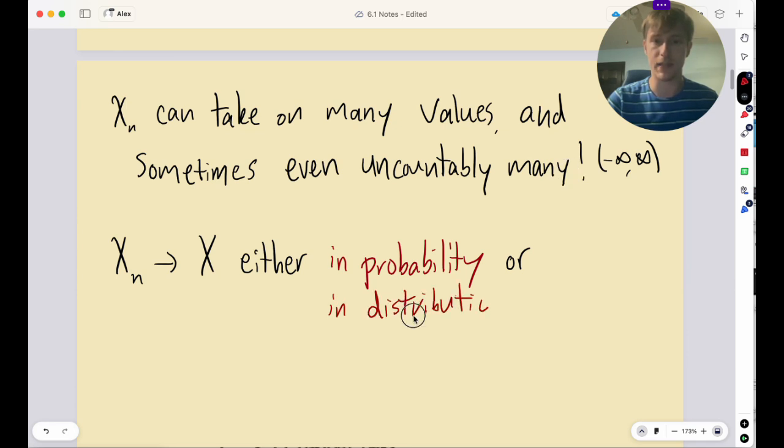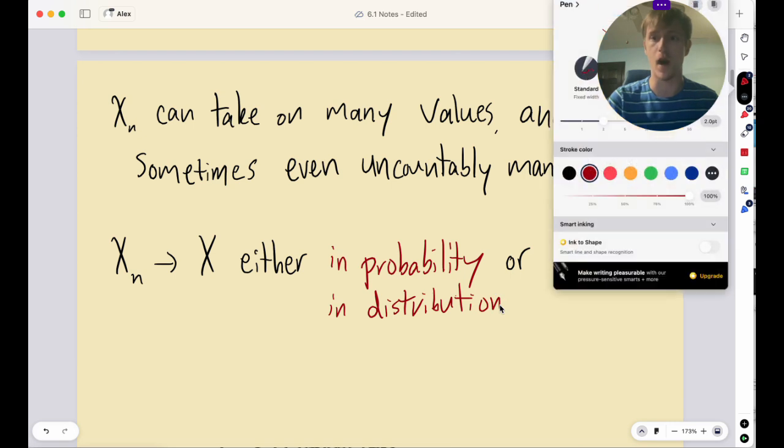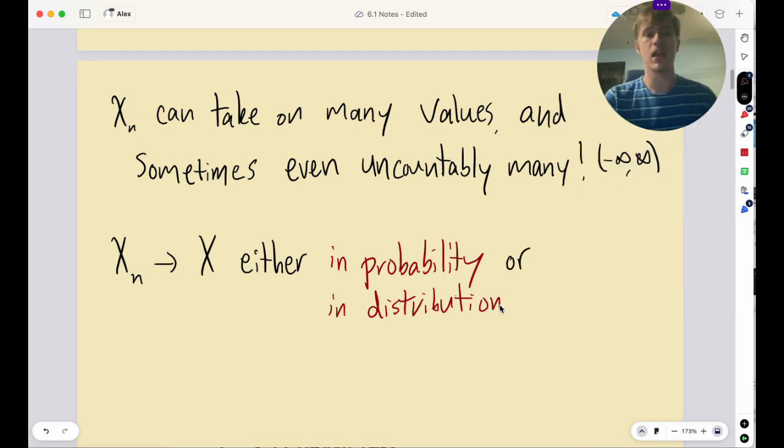Let me informally explain what that means before I give you the whopping definition. Note that although this can take on very many values, the probability of Xn is a number. And we know that numbers can converge.